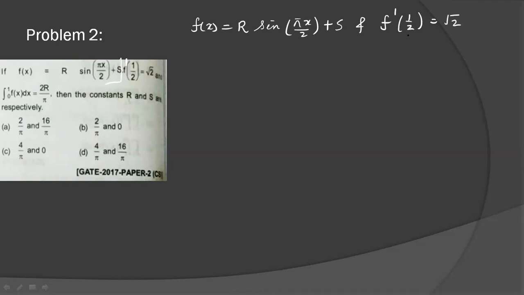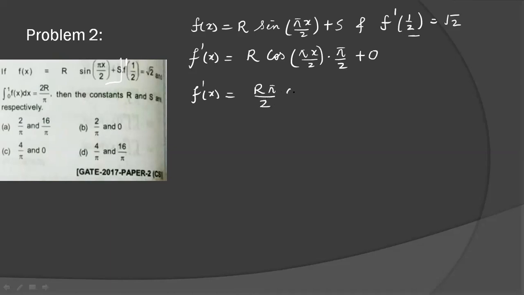So let's see. We have the derivative condition. So first derivative: f dash x will be r, derivative of sine is cos pi x by 2, and the derivative of pi x by 2 with respect to x will be pi by 2, and the derivative of s will be 0 because s is constant. Now f dash x is r into pi by 2 into cos pi x by 2 at x equal to 1 by 2.